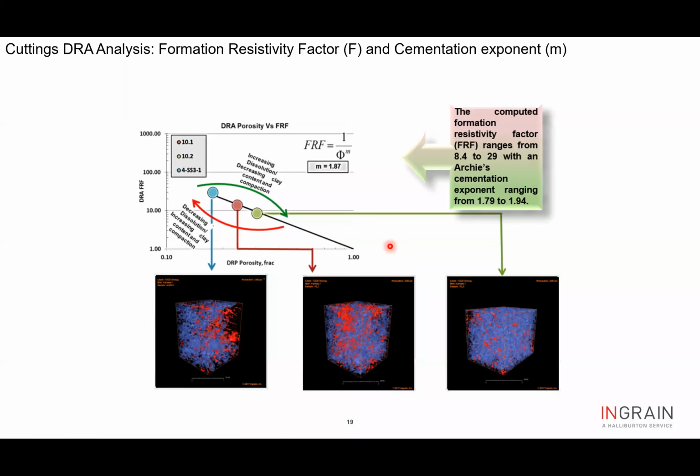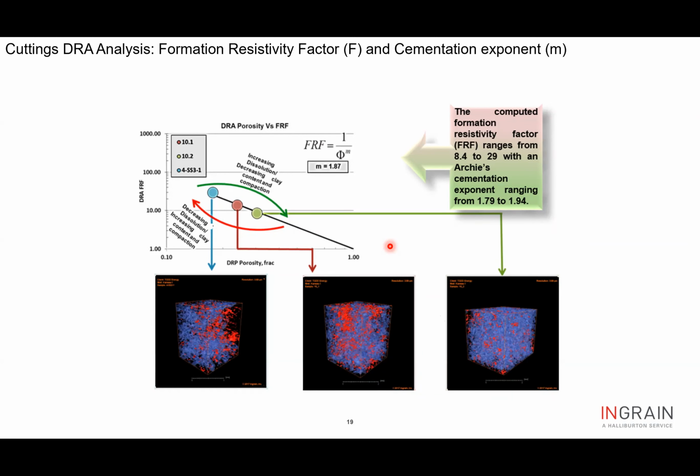One of the very important properties when we are estimating the saturation of the rock, mostly the petrophysicists use different saturation equations, some common ones like Archie's equations. The formation resistivity factor, the cementation exponent, or for that matter the saturation exponent are unknown.